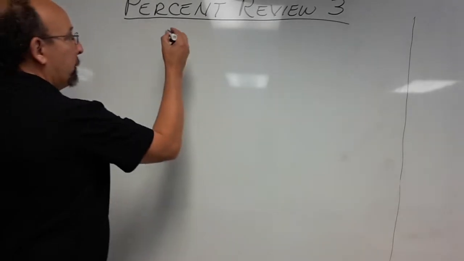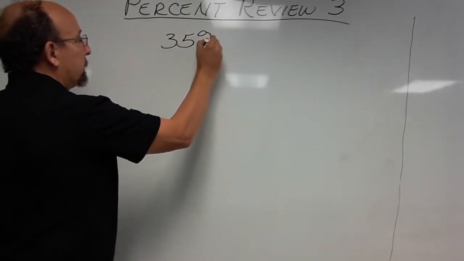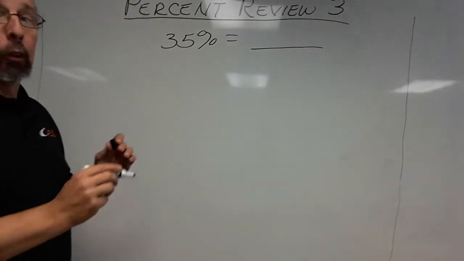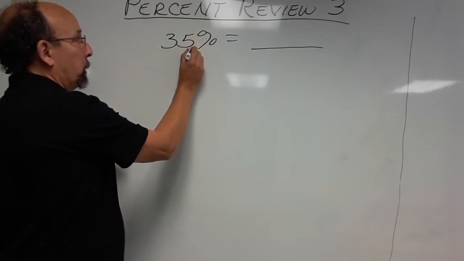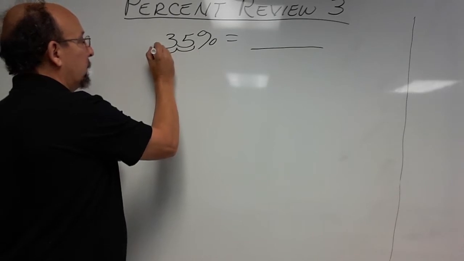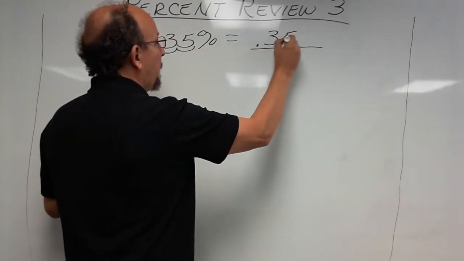Let's say we have 35%, and we want to change that to a decimal. The rule says you start here at the end of the whole number in the percent, and you move 2 decimal places to the left. So as a decimal, this would be 0.35.